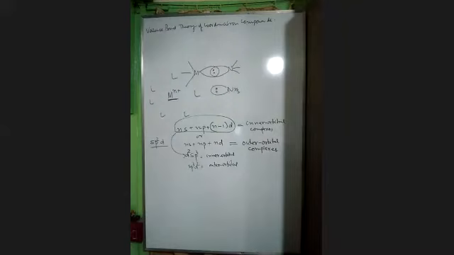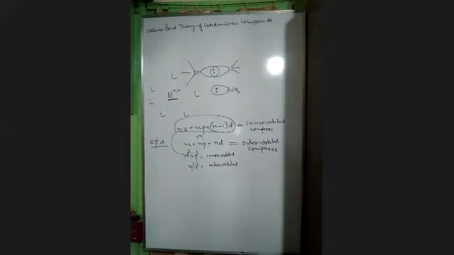After the hybridization, the empty hybrid orbitals overlap with the filled orbitals of the ligand, leading to the formation of the coordinate bond. Because the molecules are formed by coordinate bonding, they are called coordination compounds.